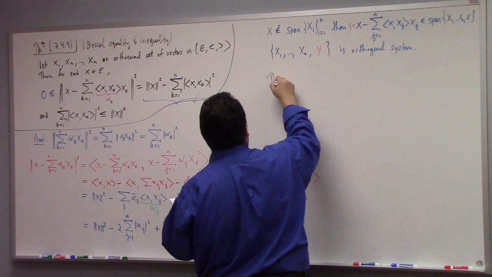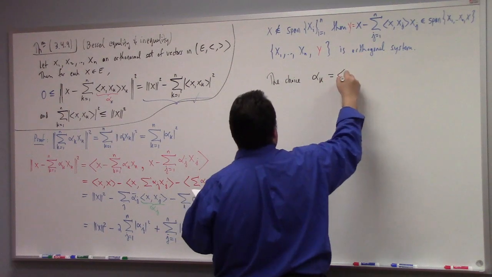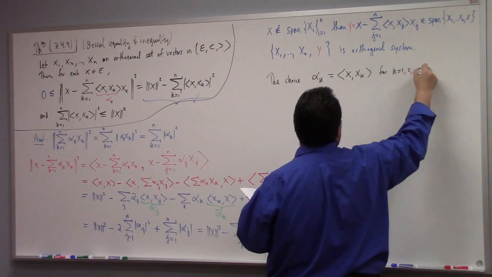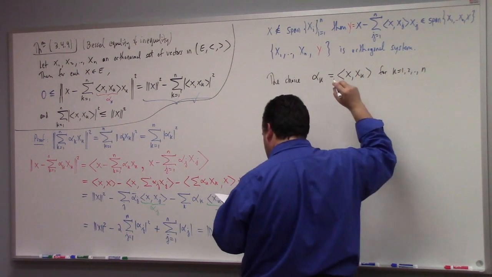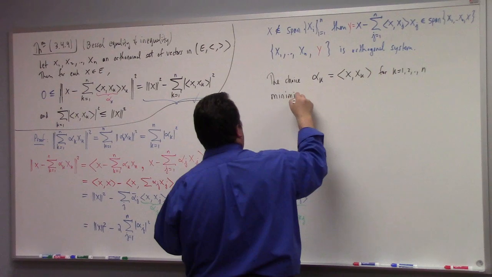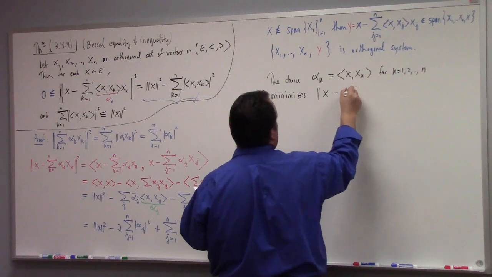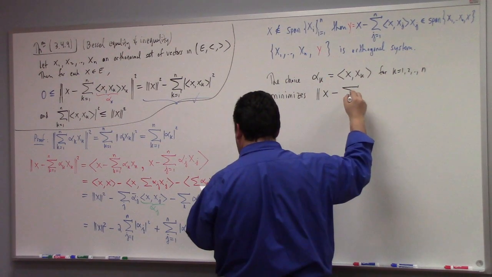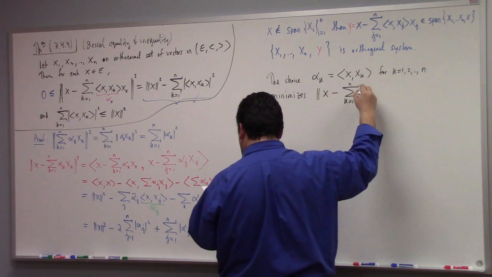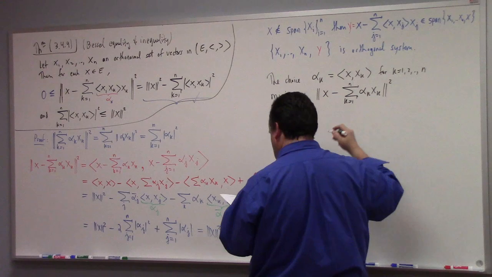Oh, okay, so the choice alpha_k equal to <x, x_k> minimizes the length of x minus the sum, k equals 1 to n, of alpha_k x_k, squared.